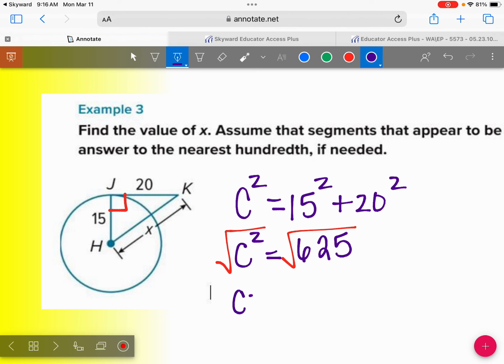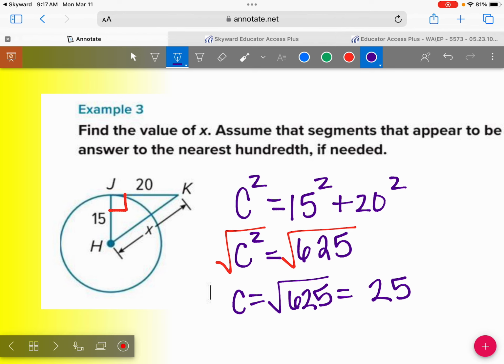And then type in C equals the square root of 625. Which you get 25.